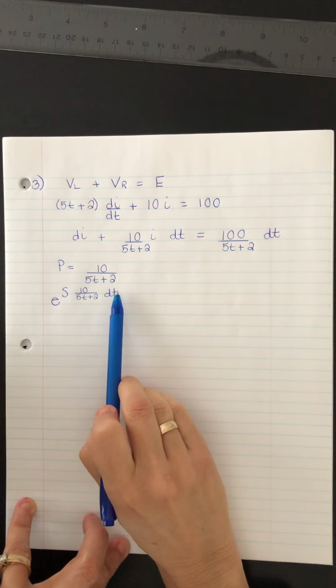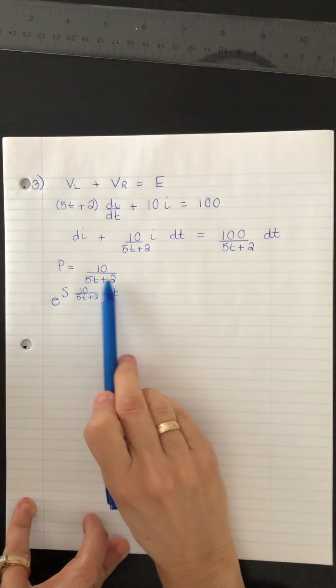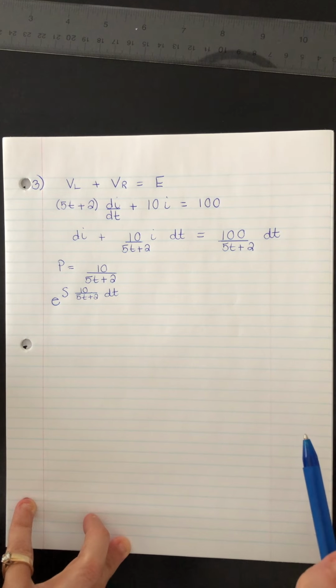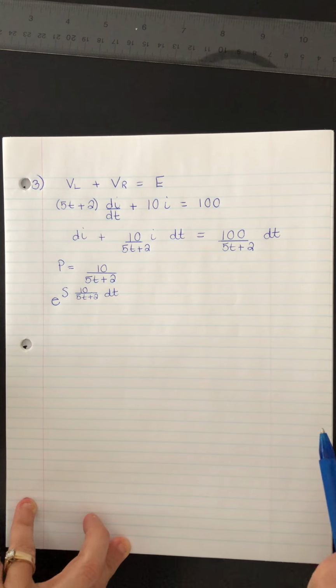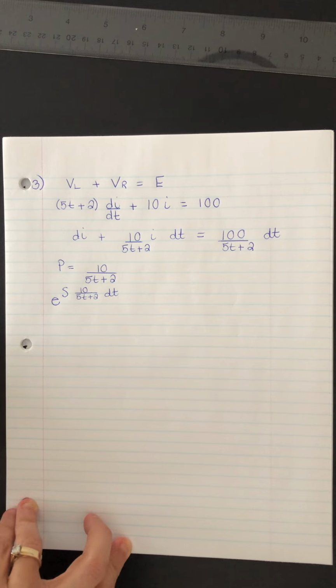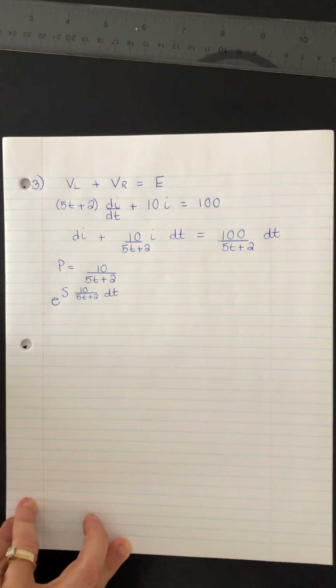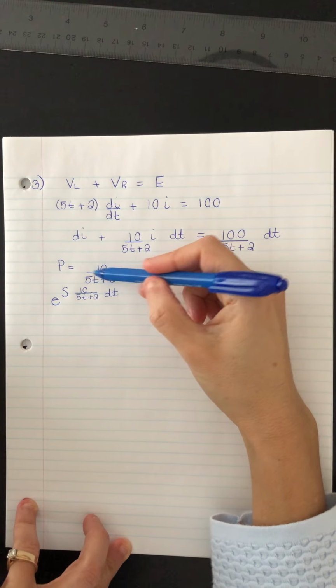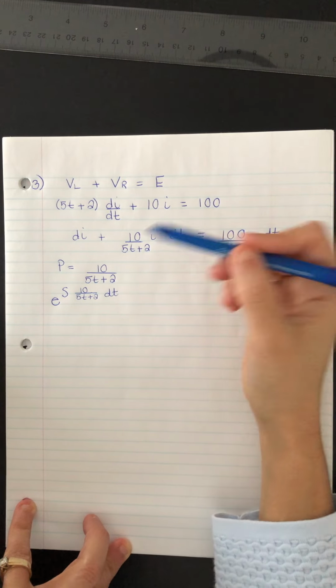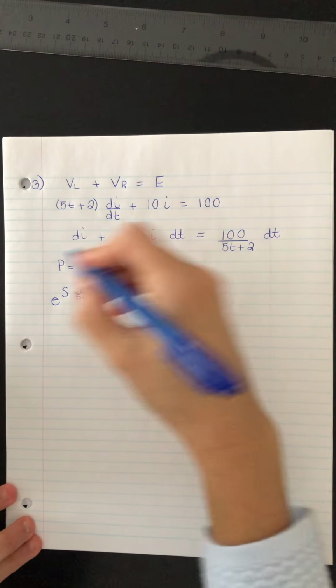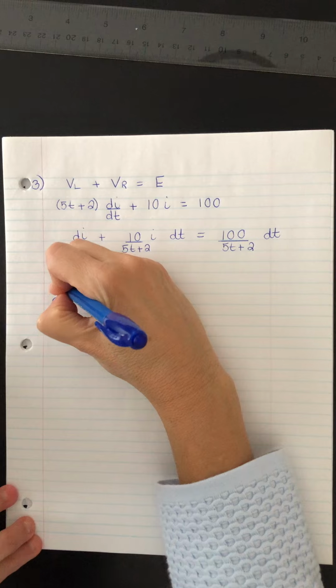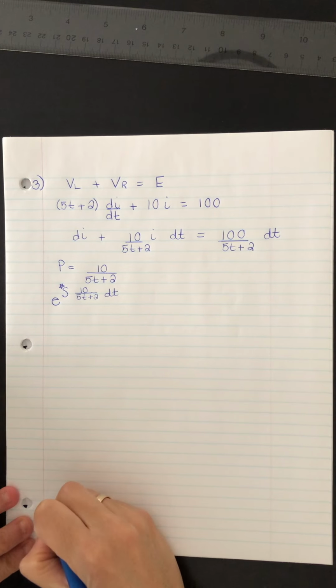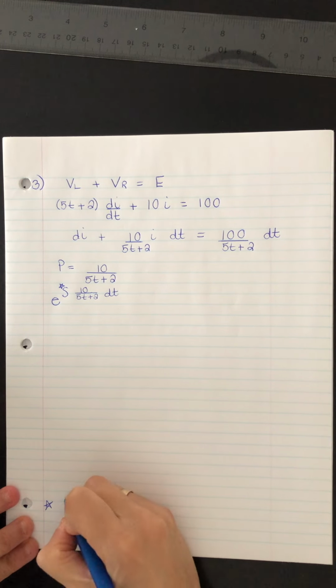So we need to correctly integrate that exponent now. And this might require you to use a u substitution. It kind of depends. Some of you might know the integral right away, but if not, I'm going to put a little star there. Let's come to the bottom of the page and solve that integral.